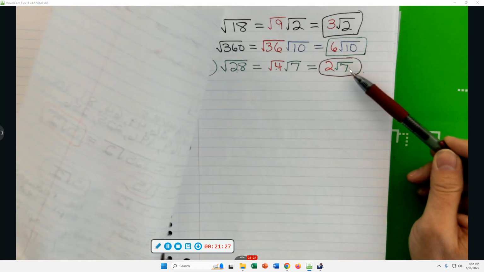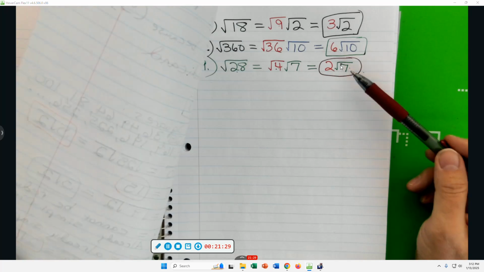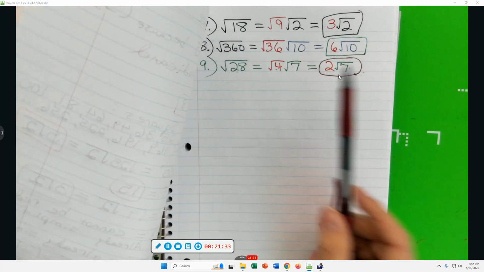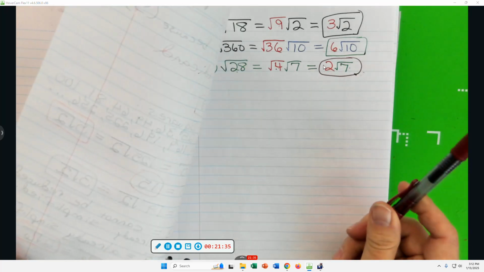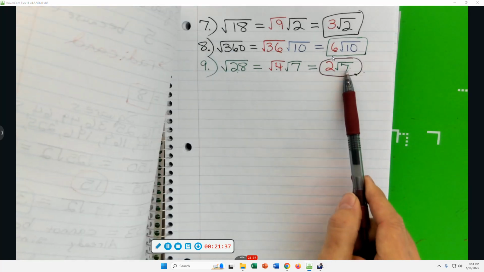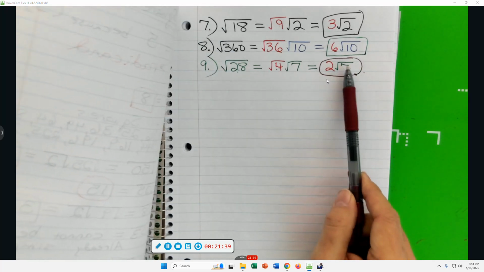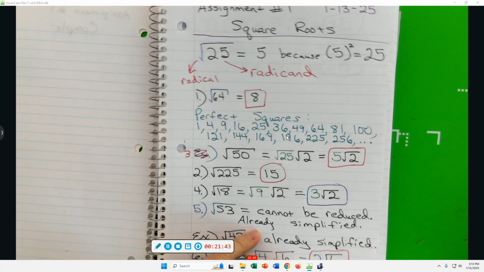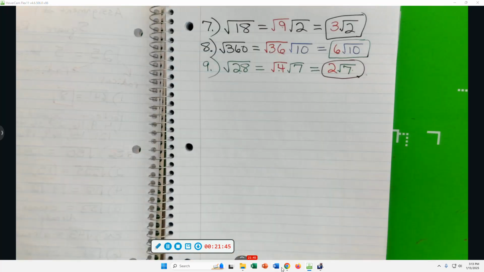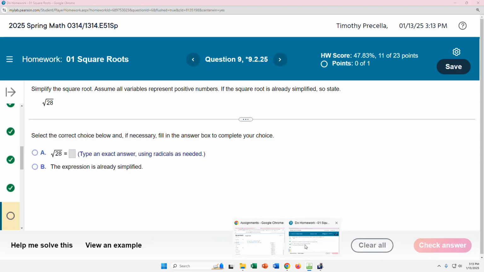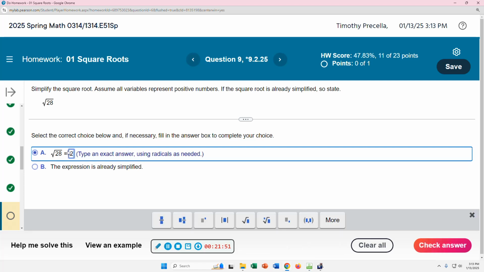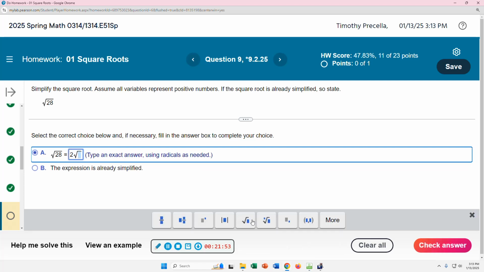If you did, that means you didn't choose the biggest perfect square. If you use the biggest perfect square, then the number under there has to be something you can't reduce any further. That was a good question. Did I type in the answer there? No, I did not. 2 square root of 7.